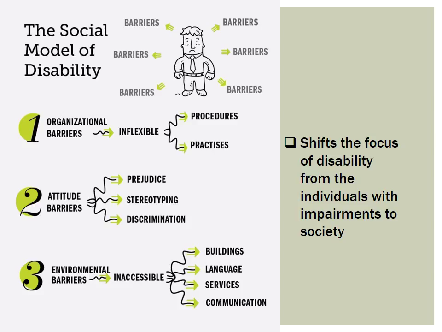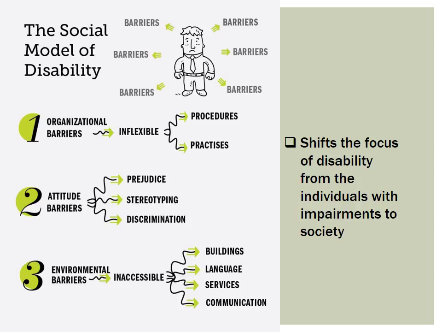Let's take a moment and just think about those three areas and how students with learning disabilities experience barriers, both organizationally, attitudinally, and environmentally. And after that, please share your comments or your thoughts with a partner.